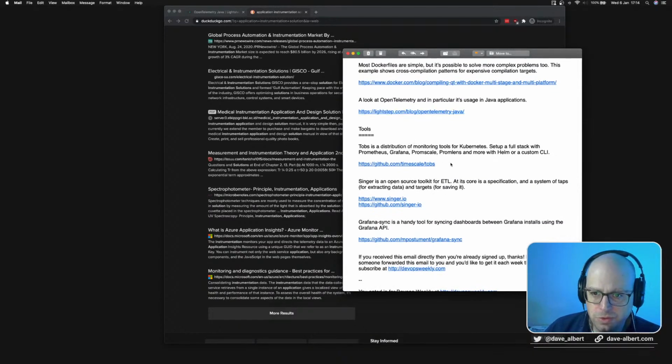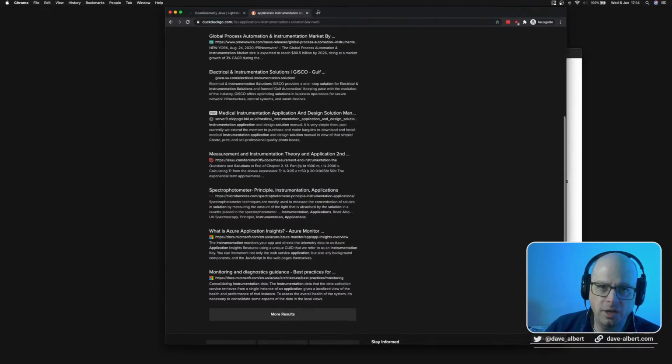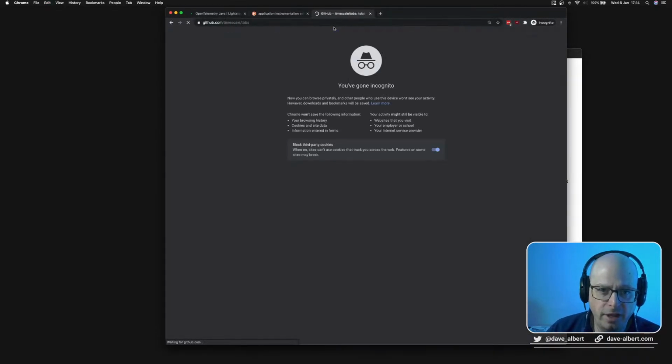Some tools. Monitoring tools for Kubernetes. Set up a full stack with Prometheus, Grafana, PromScale, and more with Helm or a custom CLI. Okay, let's have a look. What do they have?